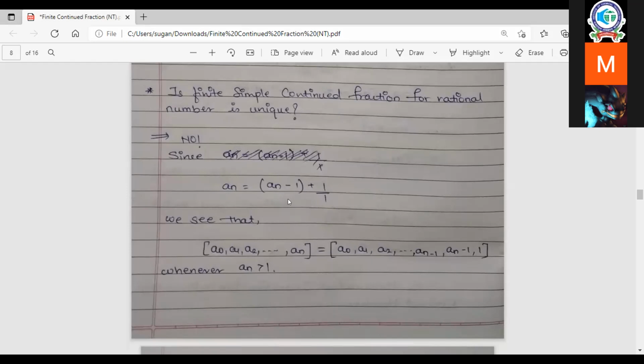So you can have this representation for a rational number. We can write a naught, a1, a2 up to an as a naught, a1, a2 up to an minus 1, comma an minus 1, comma 1, whenever an is greater than 1.